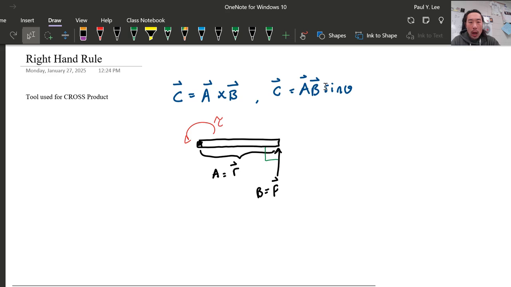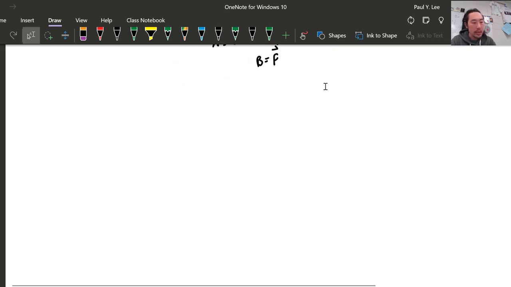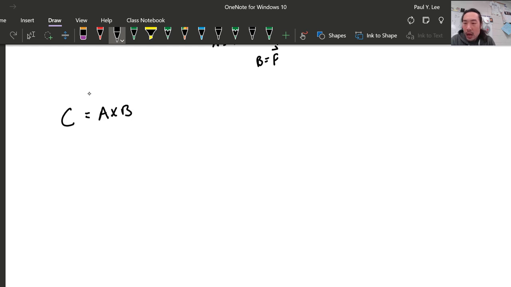I'm going to try my best here to sketch and write down what each finger would represent. If our formula is C equals A cross B, from here on out just know that I'll have vector symbols above each one of those, because each is a vector.